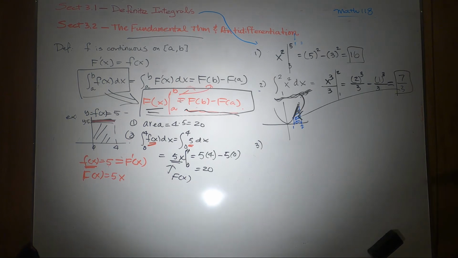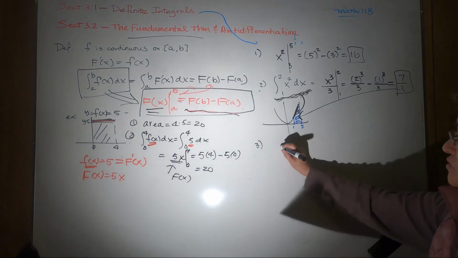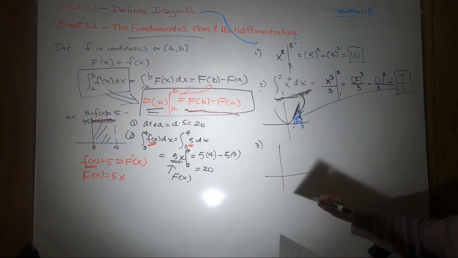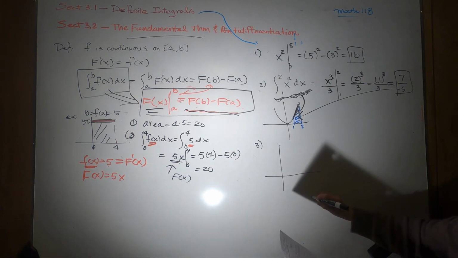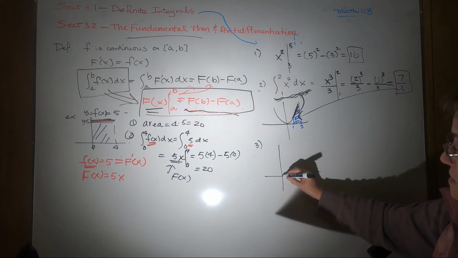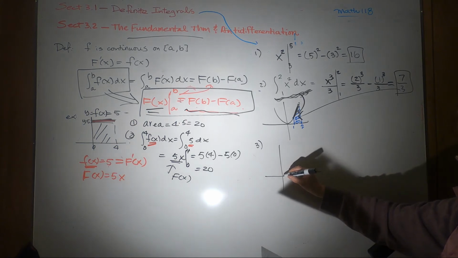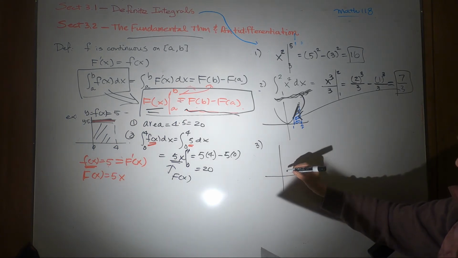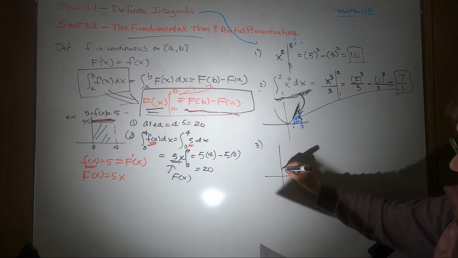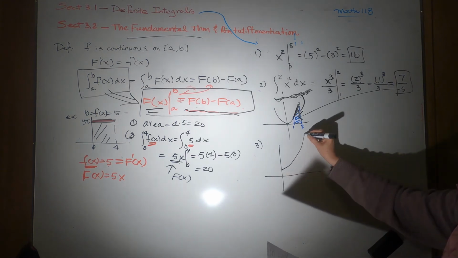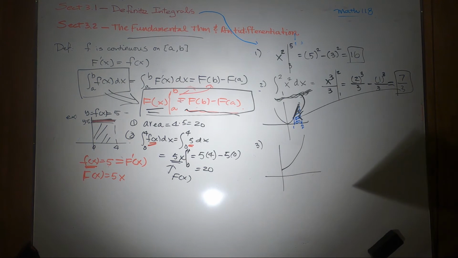Next one. Find the area under a curve. So if we have a curve, use your calculator, e to the 2x. What's e to the 2x? If x is 0, that would be 1. Some curve like this.